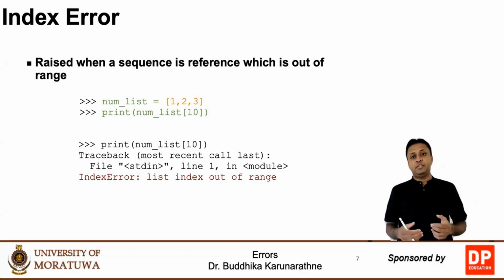But we are trying to access the item at index 10, which is not available. So that is why Python is raising an index error. It is complaining that there is no item at the selected index.